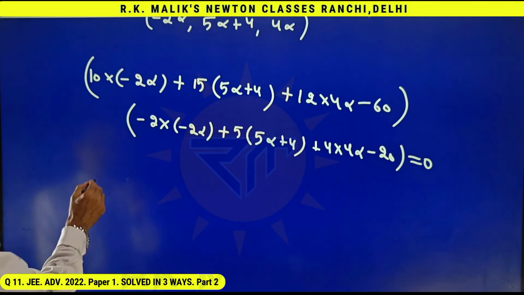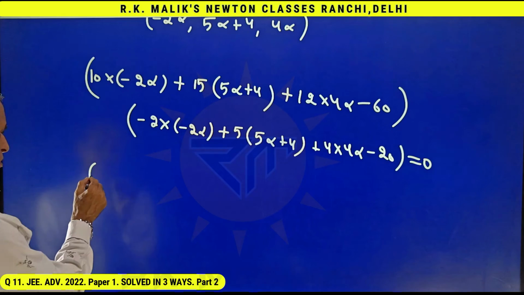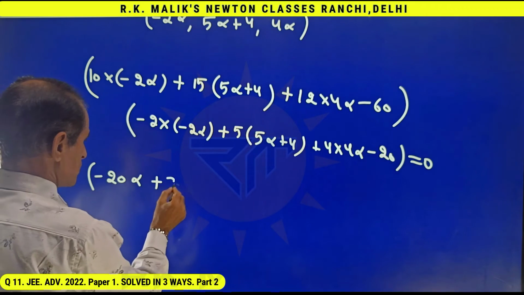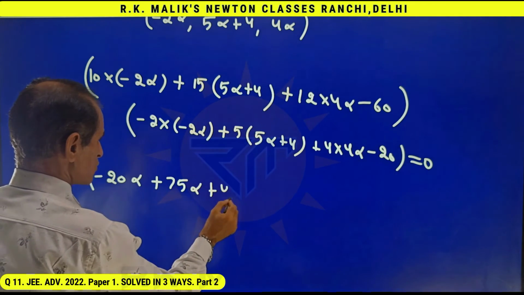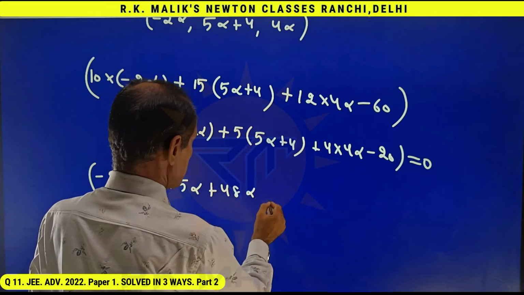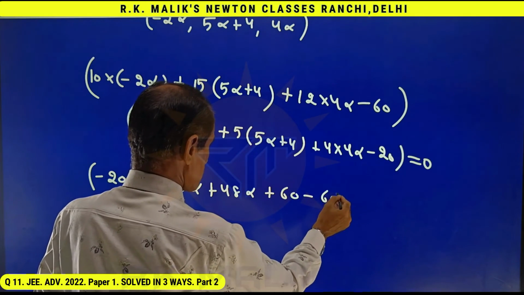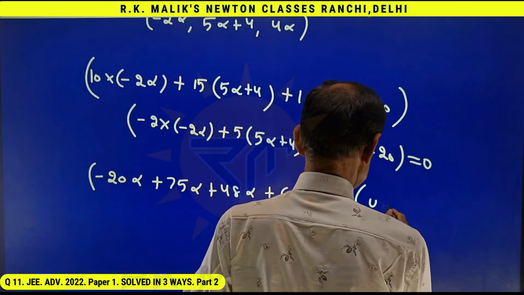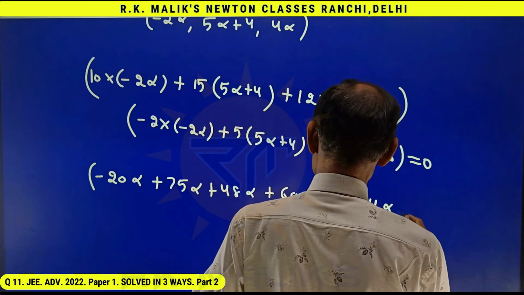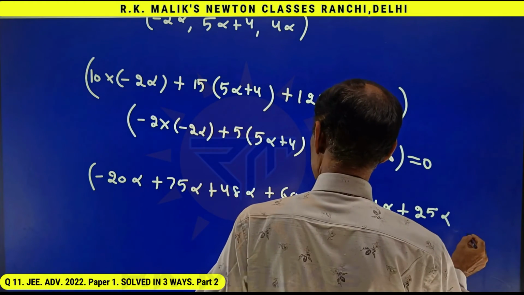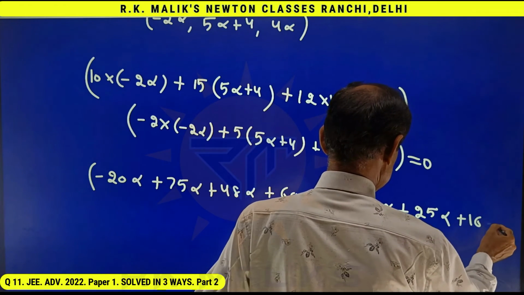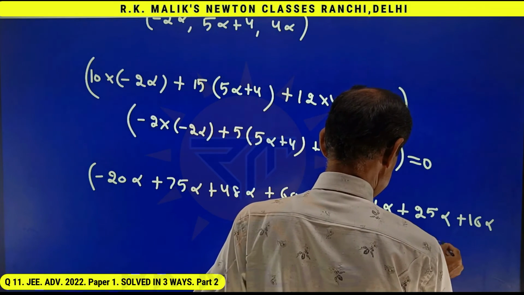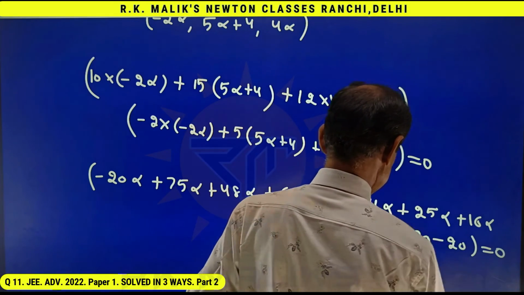equal 0. That is, I get minus 20 alpha plus 75 alpha plus 48 alpha plus 60 minus 60 into 4 alpha plus 25 alpha plus 16 alpha plus 20 minus 20 equal 0.